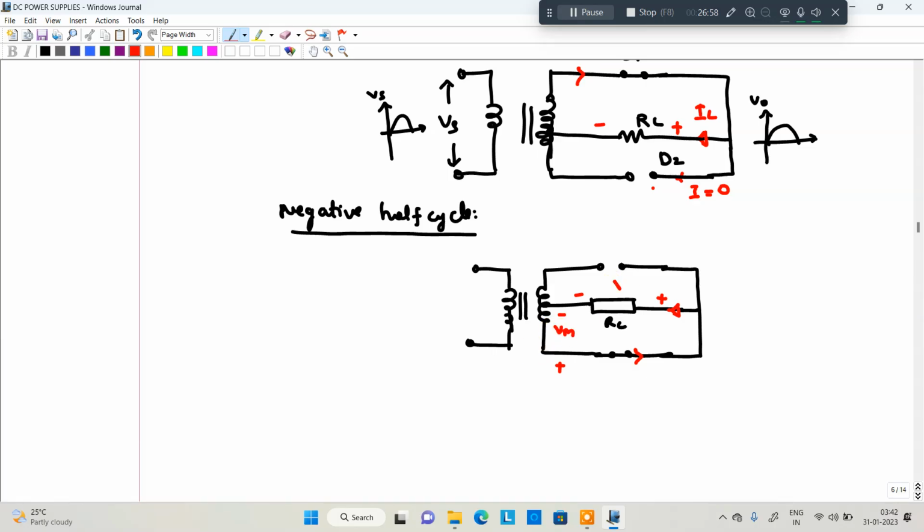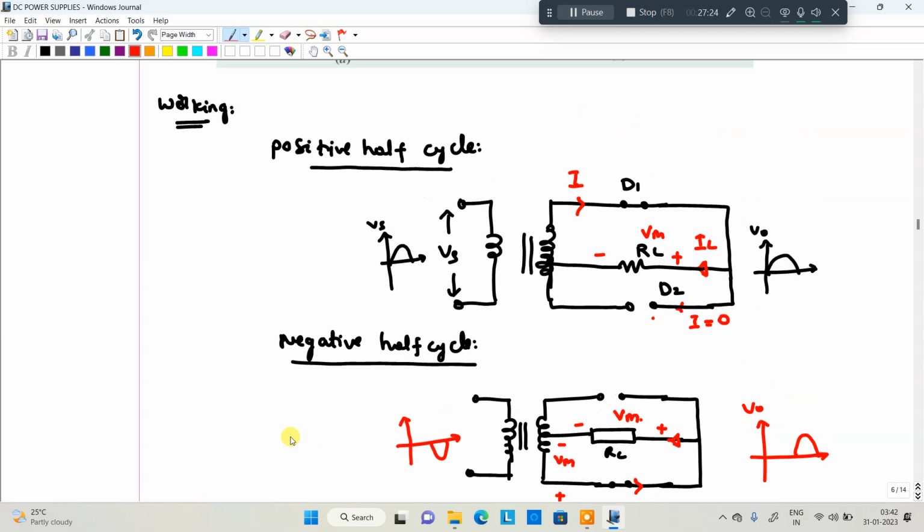The polarity of the voltage here is also the same, both polarities are the same. Even though we connected the negative half cycle, you will get a positive output only. Got my point? This is rectification. So the positive half cycle is converted into a positive half cycle, and the negative half cycle is converted into a positive half cycle. That's why both are positive half cycles only.